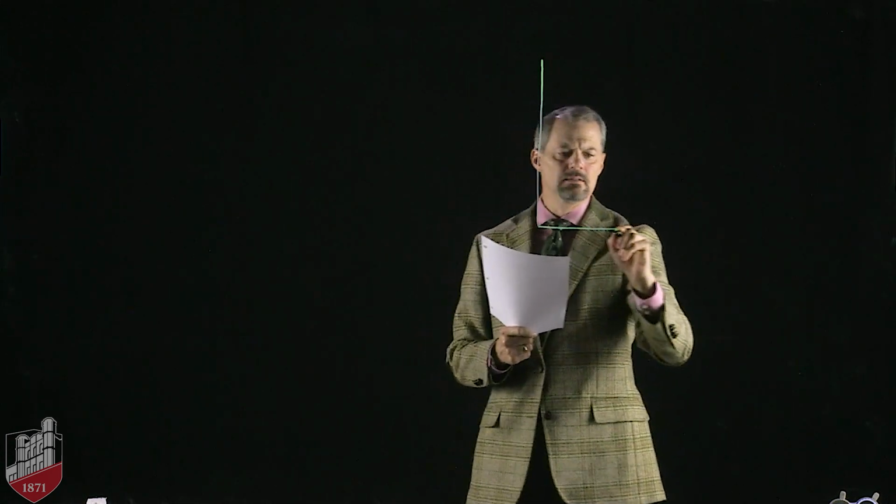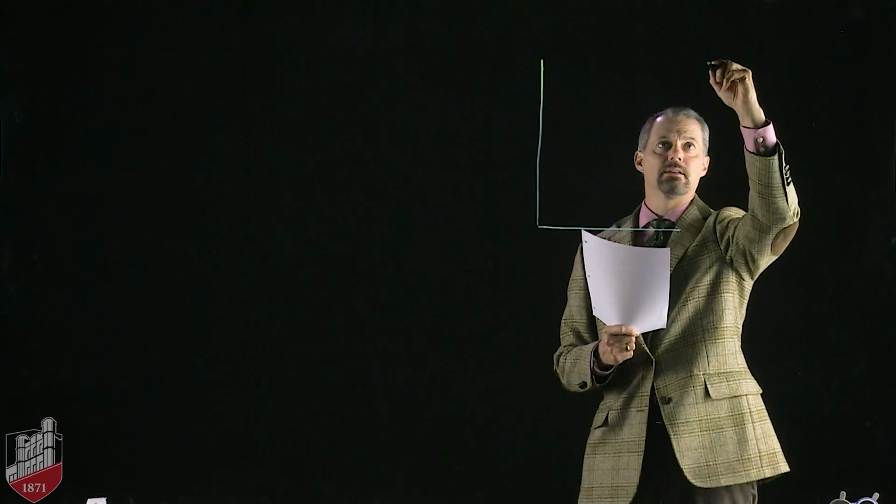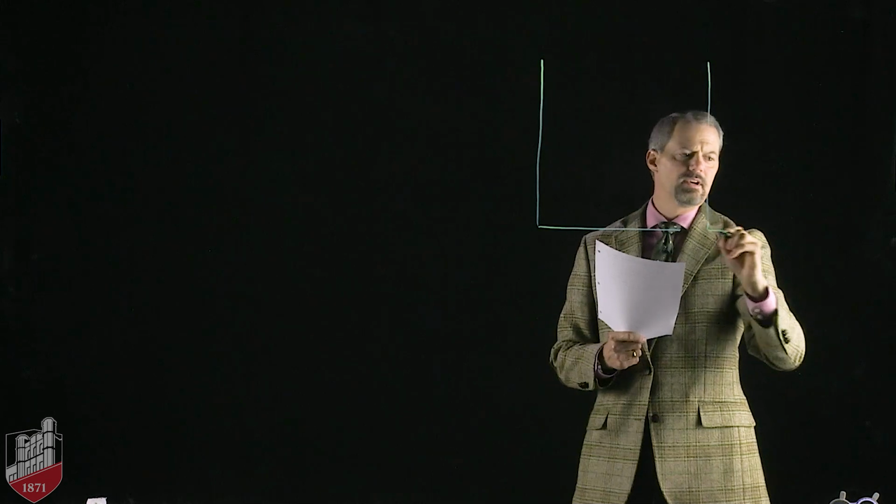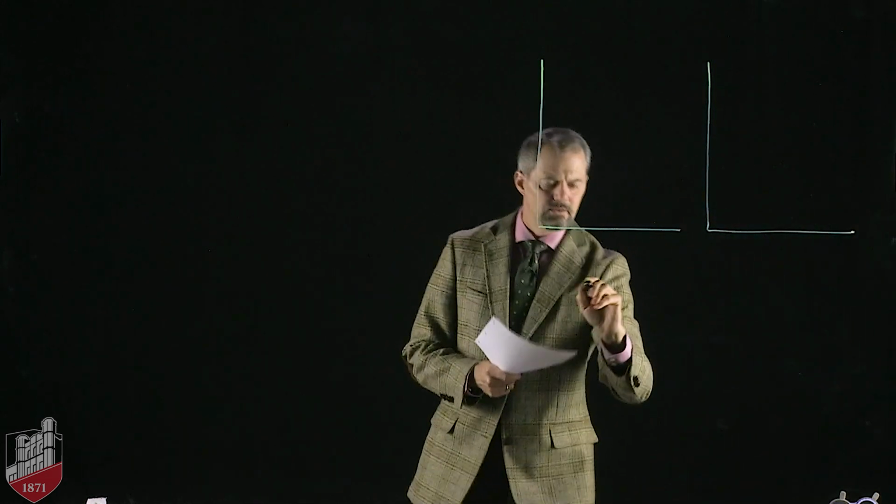Let's take a look at the response functions from the Cournot model and compare them to what we just came up with for the Bertrand model. So if we think about the Cournot model, put it here, and then we'll put Bertrand here.